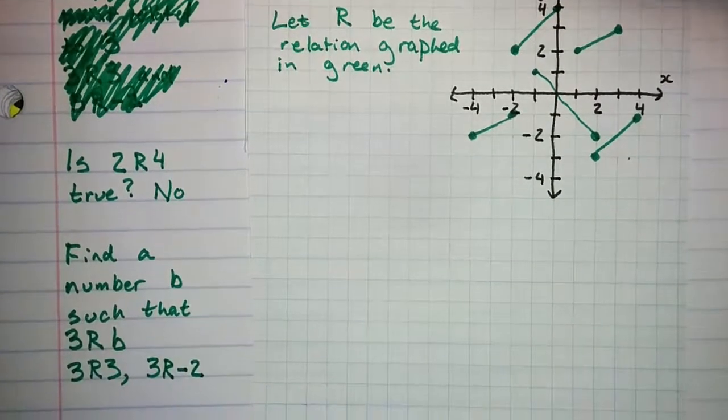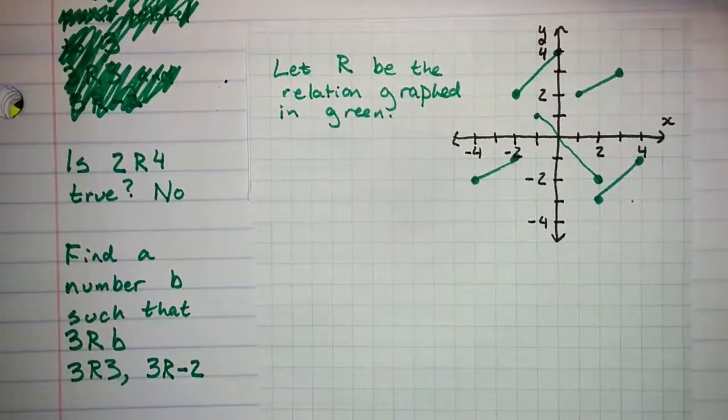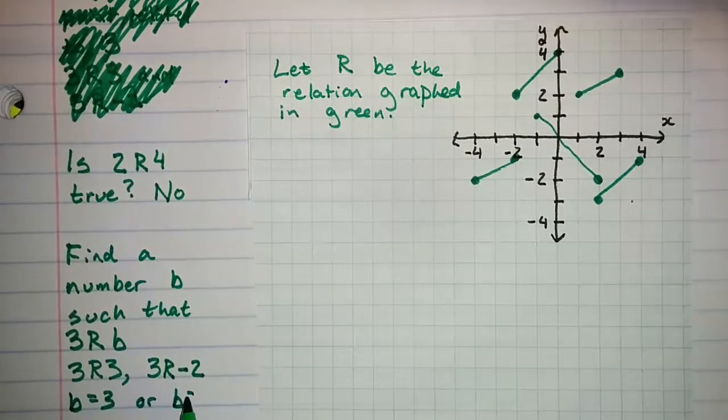So the possible values of b such that 3 is related to b are b equals 3 or b equals -2. B could take either of these values and 3 is related to b would be true.